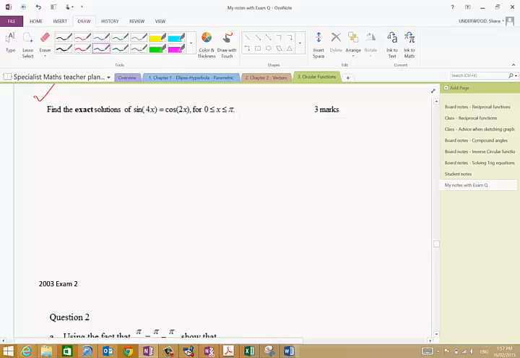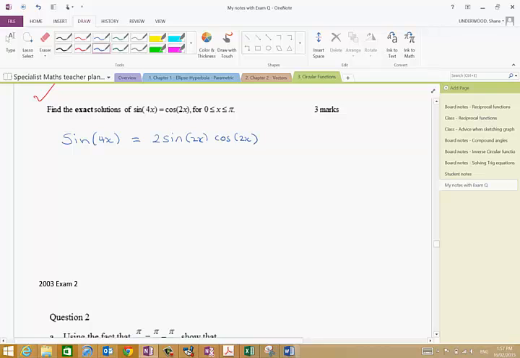All right, so first of all, what we're saying is I'm going to use the double angle formula here, and we're going to do this by hand. We know how to do it by calculator using our solve function. But first of all, I can say that sine of 4x is equal to, double angle formula, 2 sine of 2x cos of 2x.